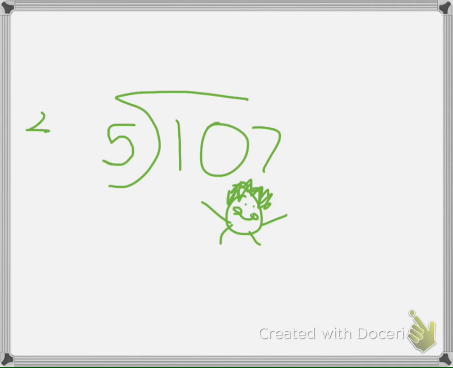Let's do 21 times 5. 5 times 1 equals 5. 5 times 2 equals 10. 105. Then if we went up to 22, 5 times 2 equals 10, and another 2 equals 10, 11.